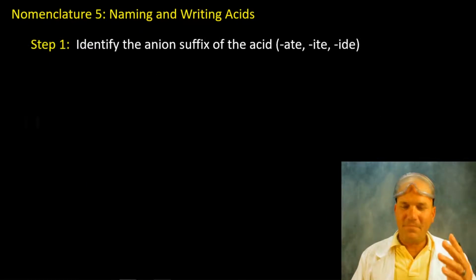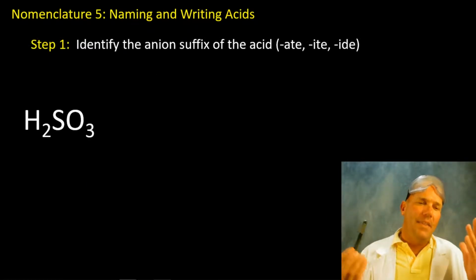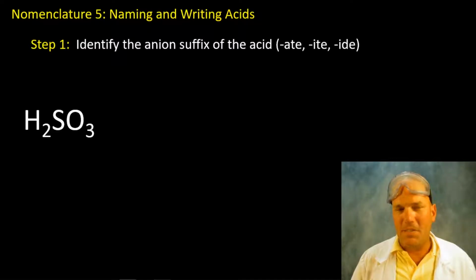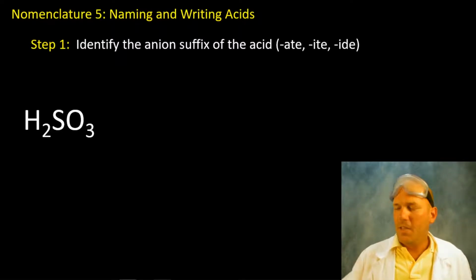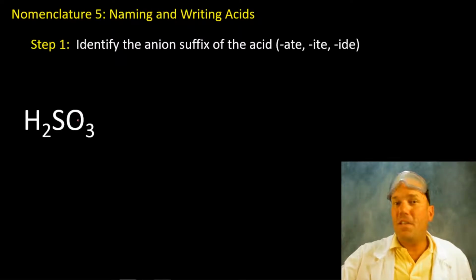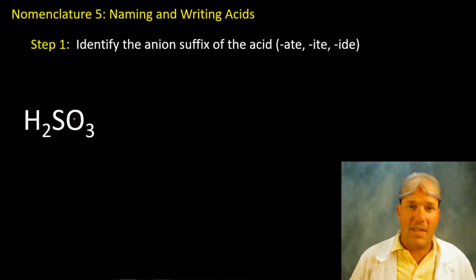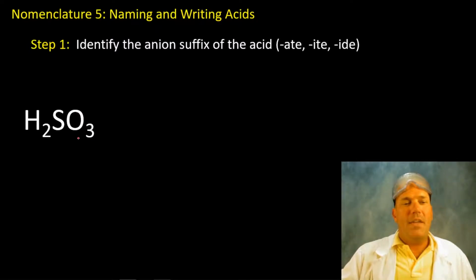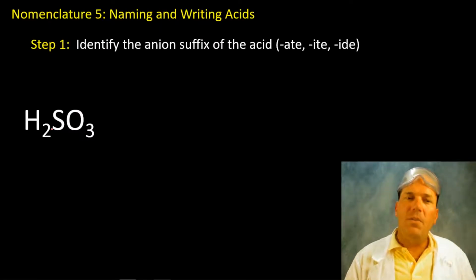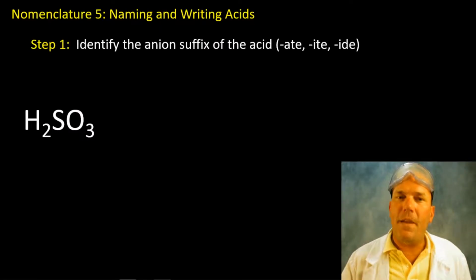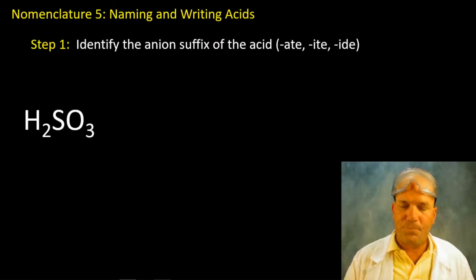Now, let's look at this particular acid. These are all aqueous, as the definition of an acid is that it is aqueous. And so here, I want you to pause the video and identify the anion suffix.